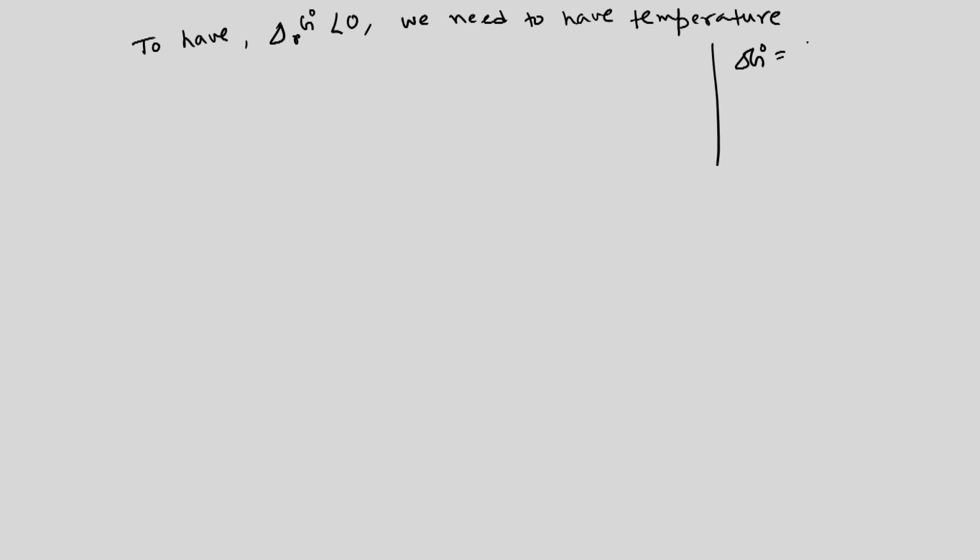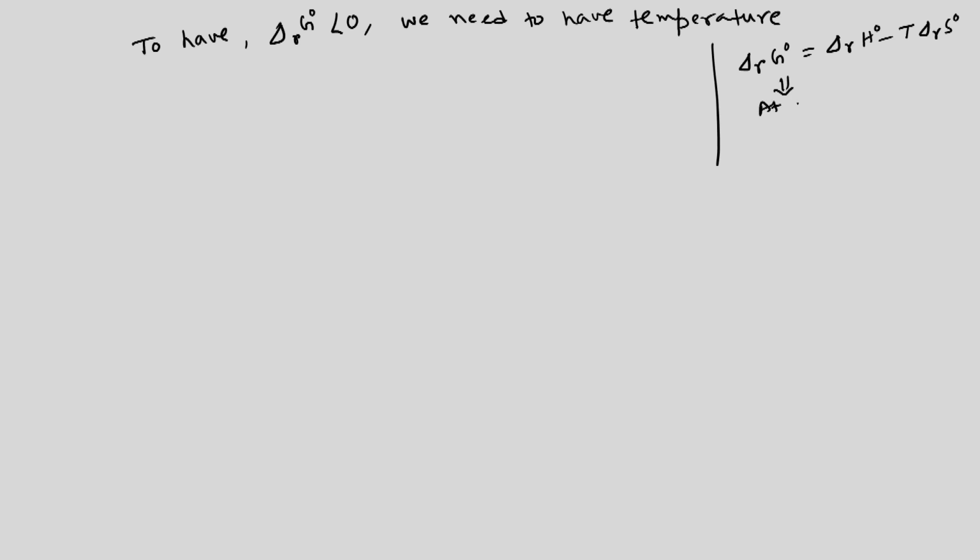To have delta G naught negative, we need to have a certain temperature, because delta G naught is delta H naught minus T delta S naught.